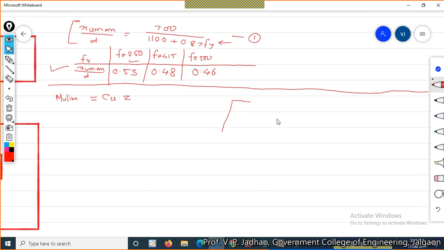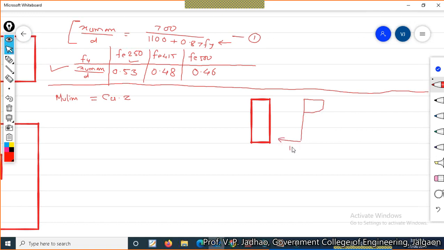If I draw the force diagram for any beam, if this is your beam, the force diagram will be something like this.